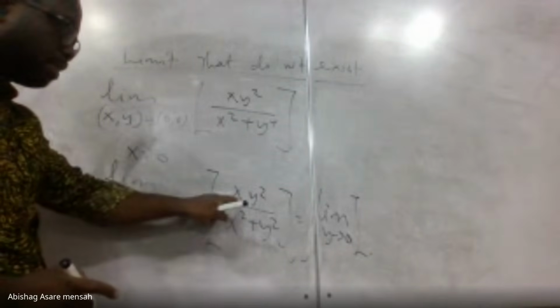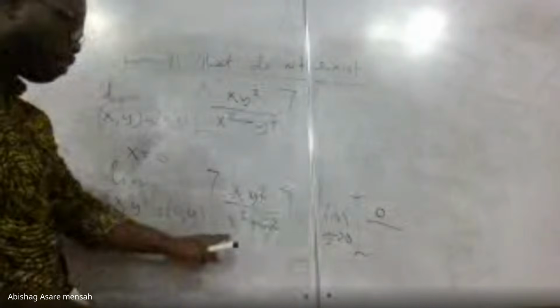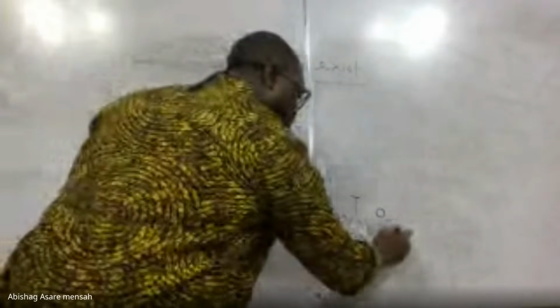And the next one is to find the limit as y approaches 0. When you put this one, it will be 0 times y squared. That will be 0. And this one will go to 0 plus what? y squared. So it's 0 plus y squared.